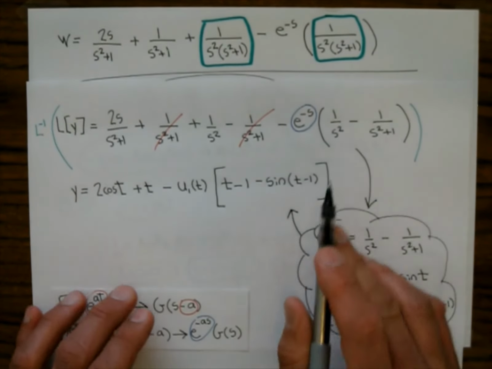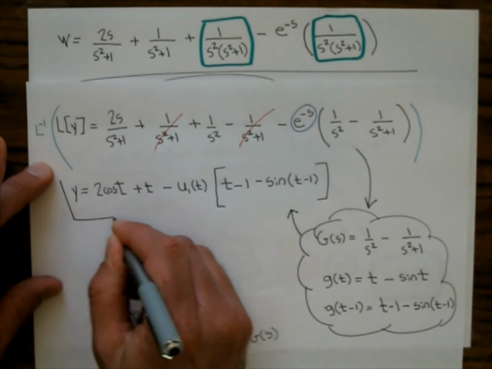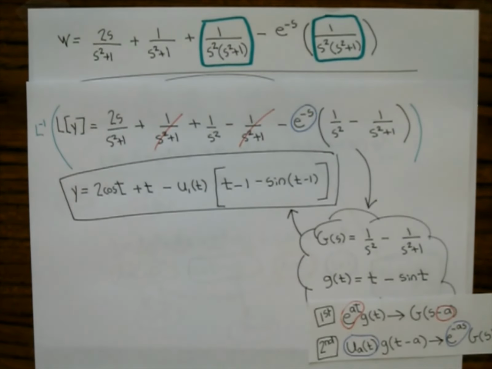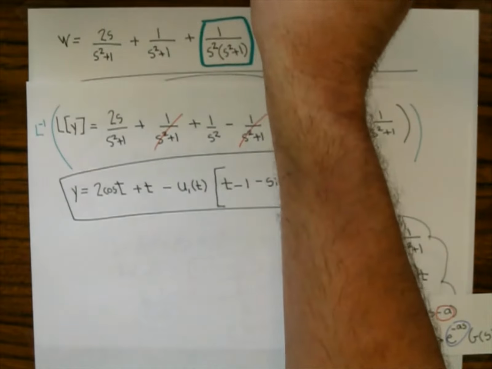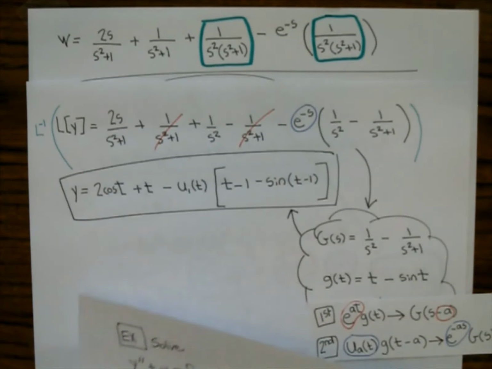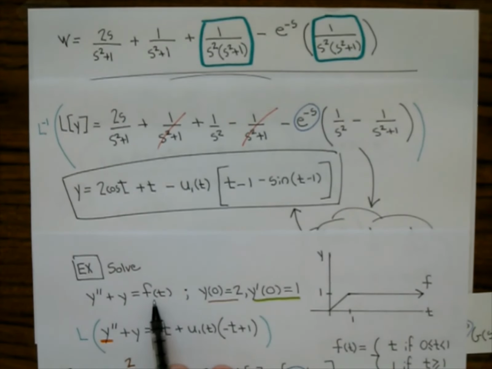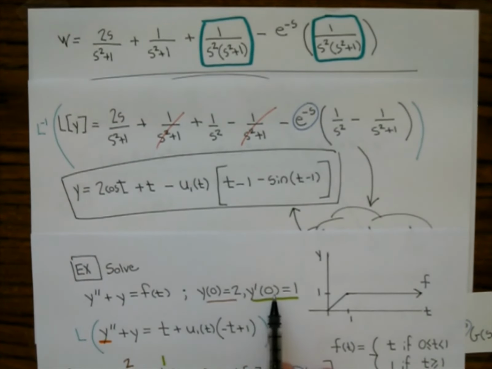So this was the second shifting theorem. And there's the answer. Some of you are like, what did we do? I don't even know. What did we do? Oh, we solved this differential equation, which had these initial conditions, and the graph looked like that.